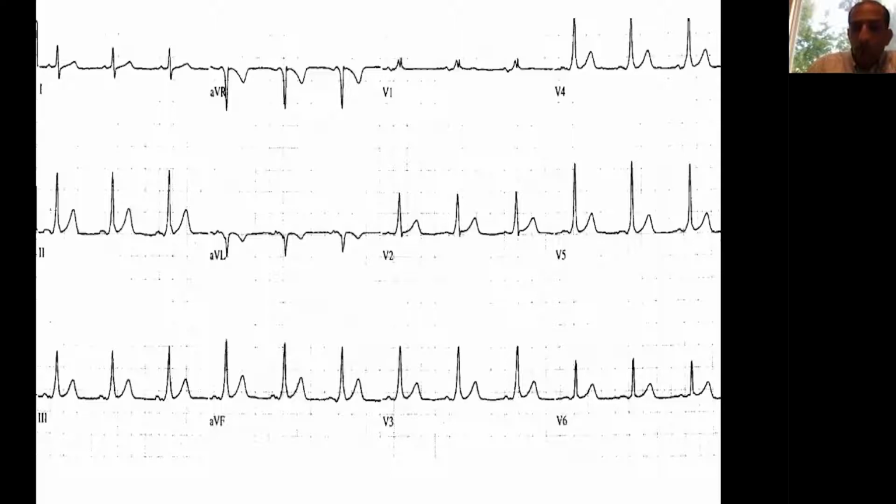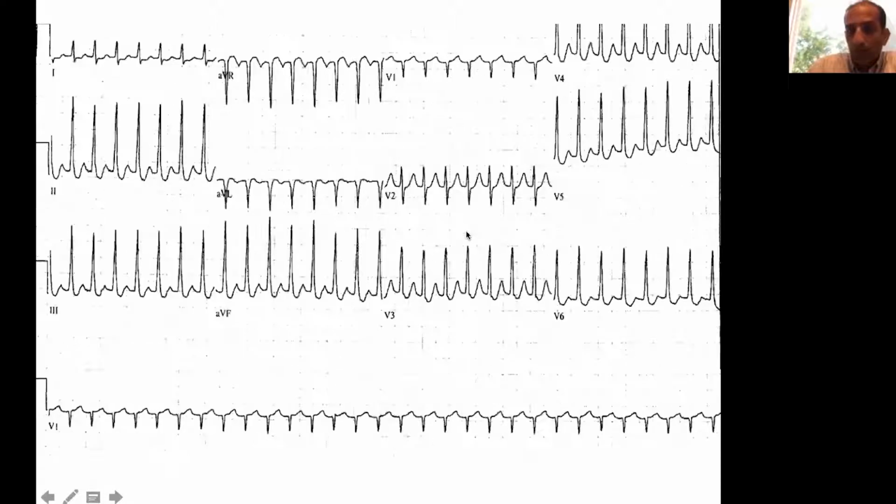But you have to suspect it and pick it up on an ECG. And the way to do that is to look for a short PR interval, a delta wave, and then a wide QRS. These patients can also go into a fast rhythm, which is a narrow complex supraventricular tachycardia, and it's regular.